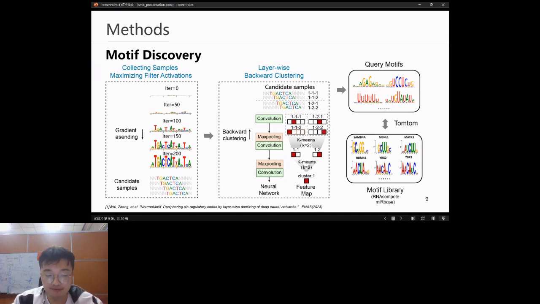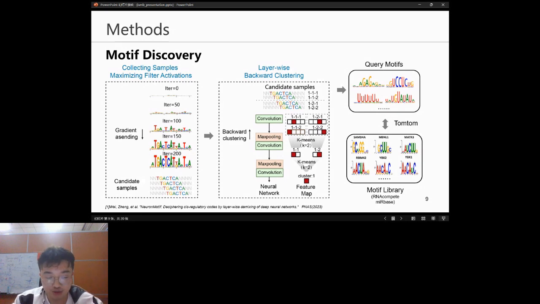With Neural Motif, we can obtain the motif preferences for each neuron, that is, which motifs can activate a certain neuron. Shallow layer neurons typically recognize individual motifs, while deeper layer neurons often identify combinations of these motifs.